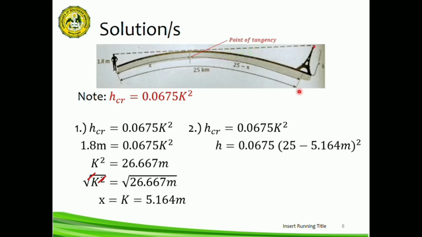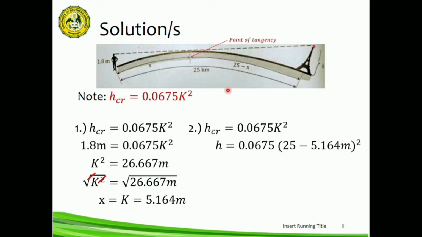Hanapin po natin, di ba? So, we have the H equals to 0.0675 times 25 minus 5.164 meters squared. Ang tanong po, saan po ito nanggaling? Yung K po natin is dito. Ito po yung K natin.